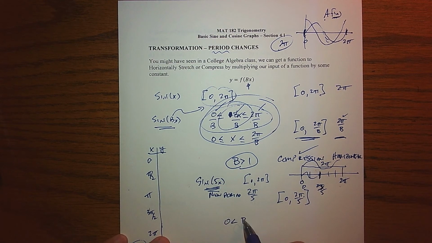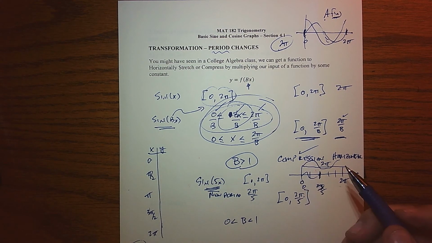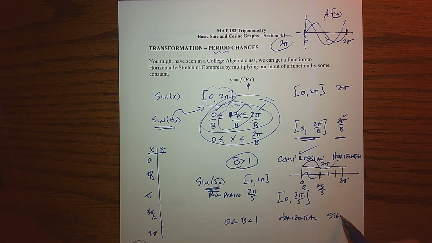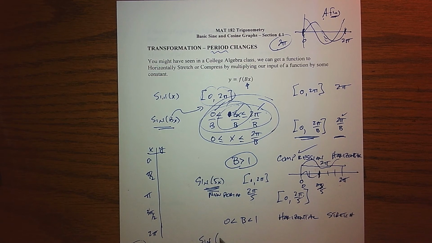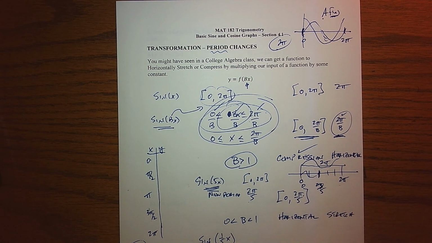If b is a fraction between 0 and 1, then we're going to get a horizontal stretch. Again, let's look at an example. If we have sine of 1/5 x, I'm going to take my new period, 2 pi over b, so we have 2 pi over 1/5, which turns into 2 pi times 5 over 1, which is 10 pi.